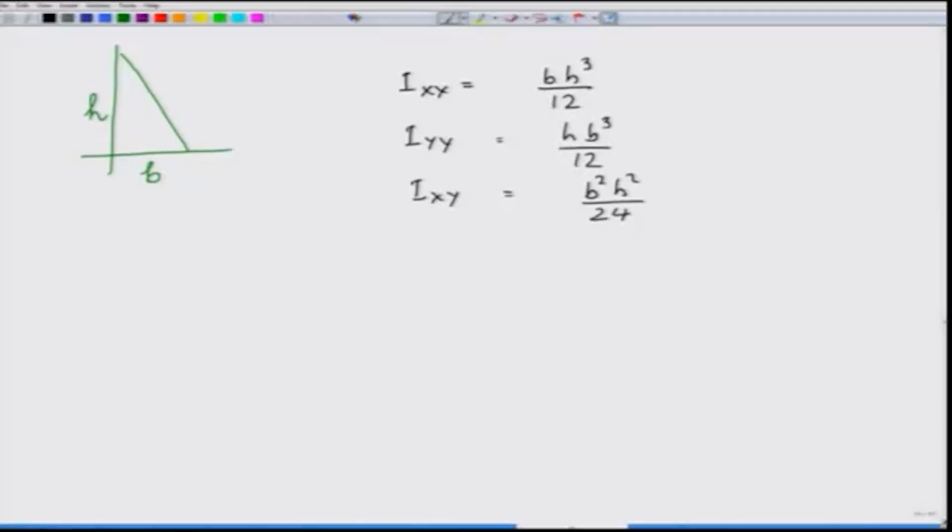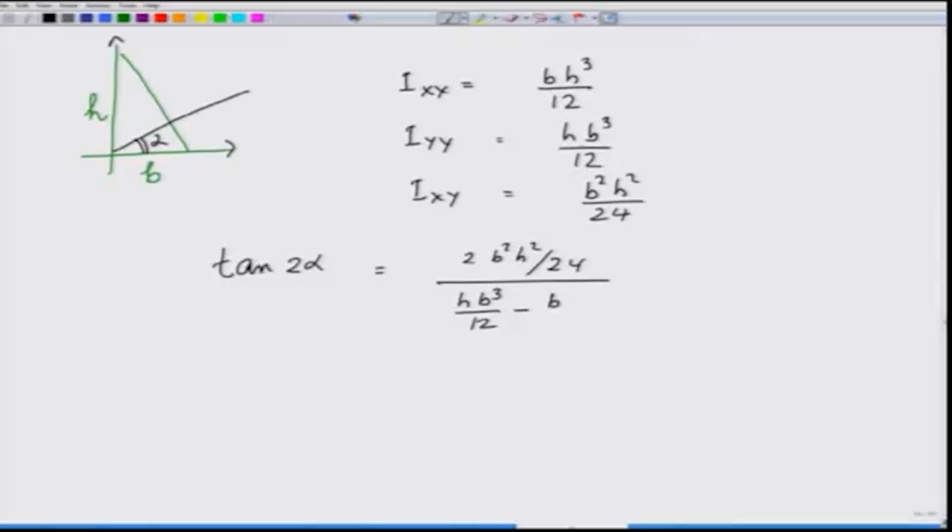So, obviously, x and y axes in this case are not the principal axes. If I were to find the principal axes, I would do a rotation by an angle alpha such that tangent of 2 alpha is 2 times b squared h squared over 24 over Iyy, which is h b cubed over 12, minus Ixx, which is b h cubed over 12.